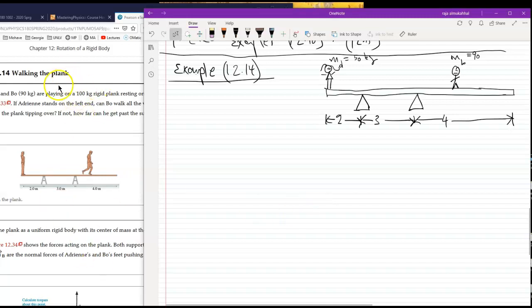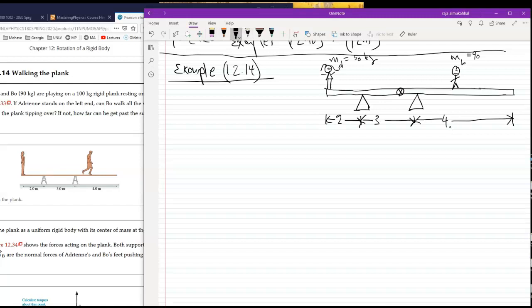That means I have to take care of the center of mass. So what's the total length of the plank? 2 plus 3 plus 4 makes 9, so the center is at 4.5. Sorry, the image is not drawn to scale, so it's going to be somewhere here. That will be the center of mass of the plank.